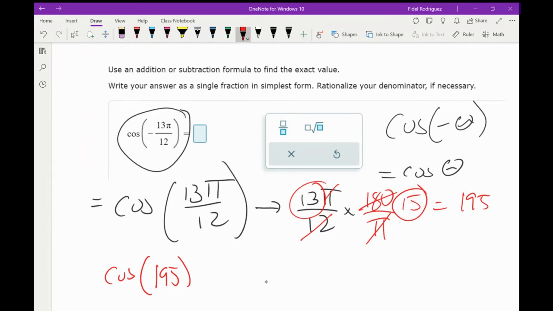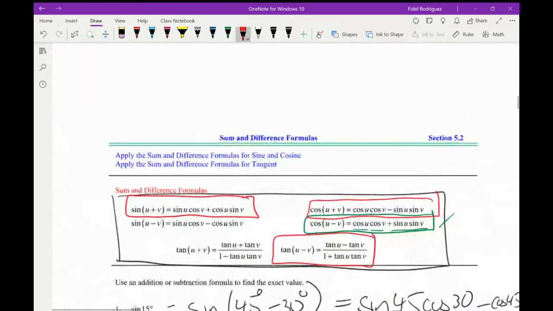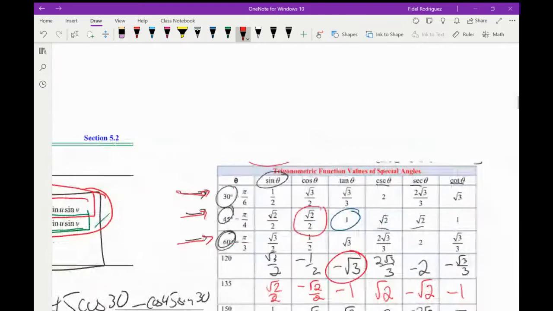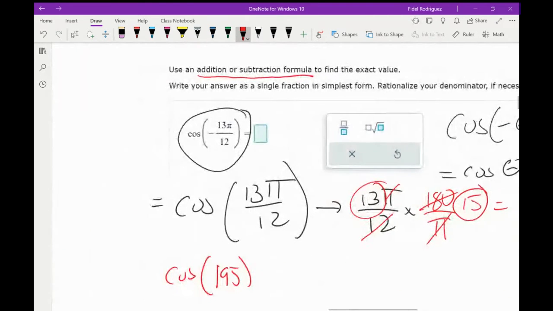Now, it says use either the addition or the subtraction formula to find the exact value. So what I'd like to do is come back over here. We're going to use one of those two formulas, either the cosine of u plus v or the cosine of u minus v, and we want to end up with 195, okay?